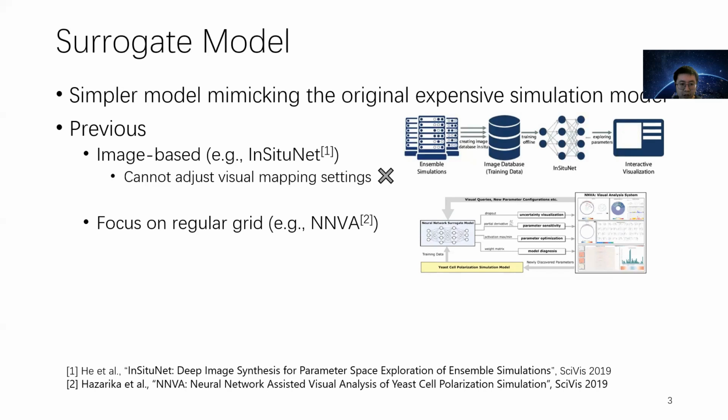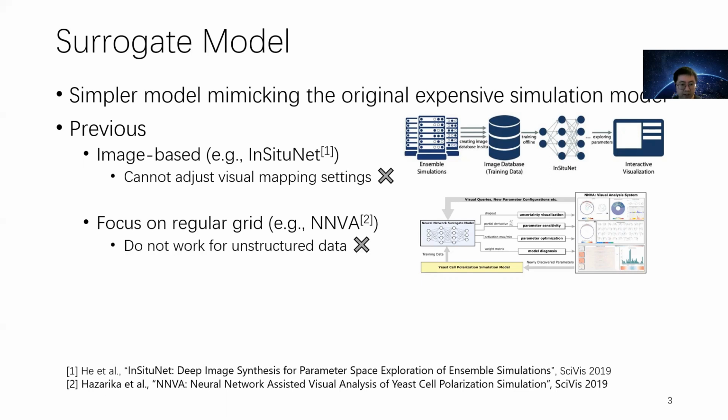First, image-based surrogate models usually visualize the generated simulation data with several predefined visual mappings, so that scientists are not able to adjust the setting of visual mappings to find features of interest after the models have been trained.